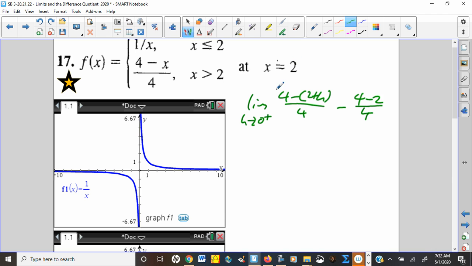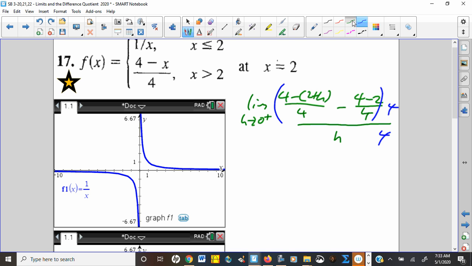So that's f of a plus h minus f of a, in this case 2, right? And, oh, shoot. I guess I would multiply through by 4, just because you can get rid of those fractions pretty easily.